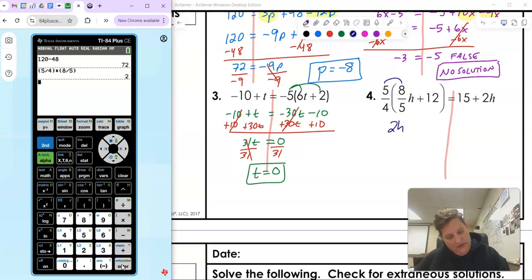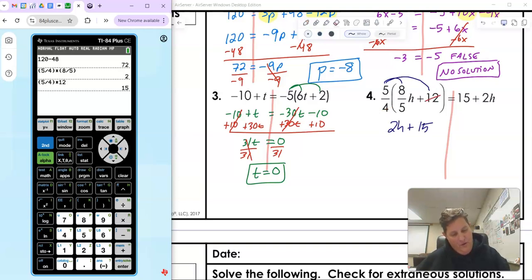Alright. Let's distribute to here. So again, just go 5 fourths times 12, and you get 15. And the way you would do that without a calculator is just go 4 goes into 12 3 times. 5 times 3 is 15.